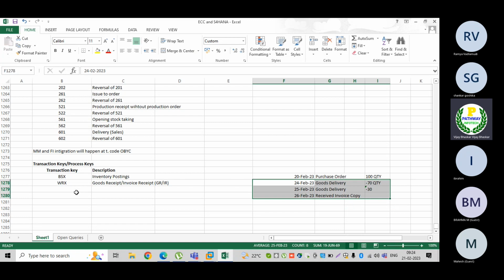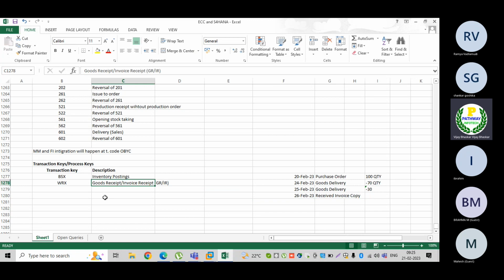GRIR clearing account is a balance sheet account, it is a liability account, and it is a temporary account. Once the goods receipt happens and then the invoice verification happens, this will become zero. Always the GRIR account will be zero.